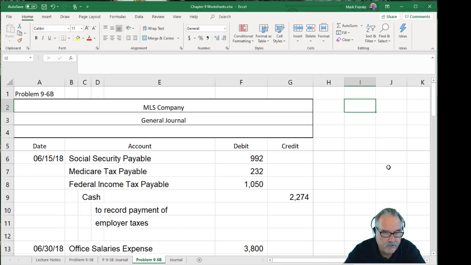Okay, so entry 1 on the 15th of June is to pay the federal government for the taxes from the previous month. So the debits are going to go to the payables, Social Security payable, Medicare tax payable, and federal income tax payable, and then the credit's going to go to cash.